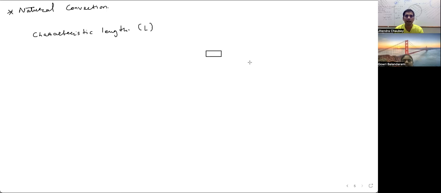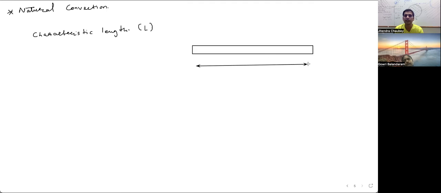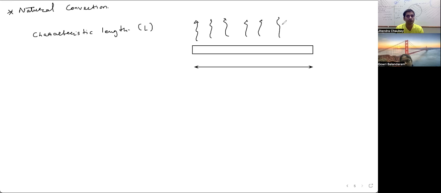In case of natural convection, if this is the length of the plate, that won't be the characteristic length. Only for the case of forced convection can you take this as characteristic length, because the span is along the flow. But in case of natural convection, the fluid will go in the upward direction for convection. So in that case, L becomes A by P.